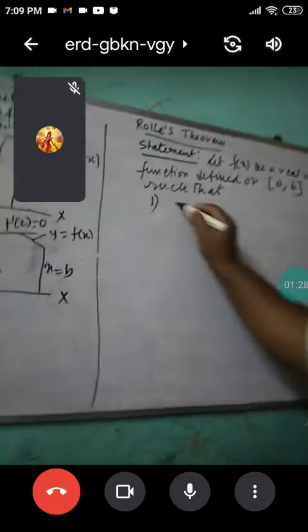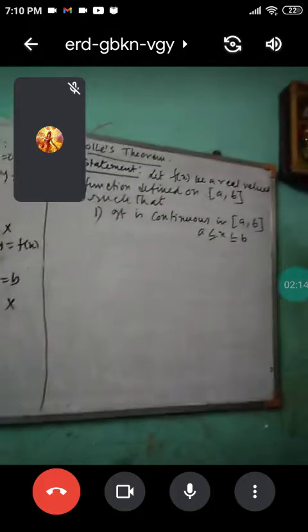Condition number one: f(x) is continuous in closed interval [a, b]. You know closed interval means a ≤ x ≤ b, that is, the value of x lies between a and b, or it may be a or b.